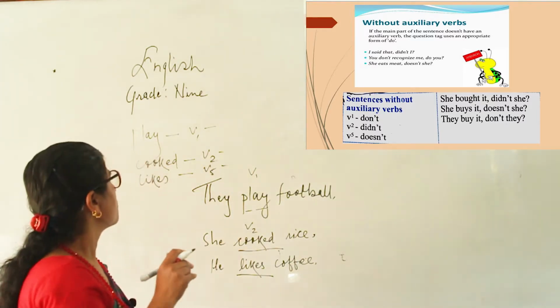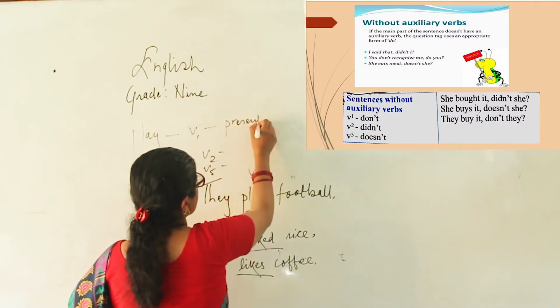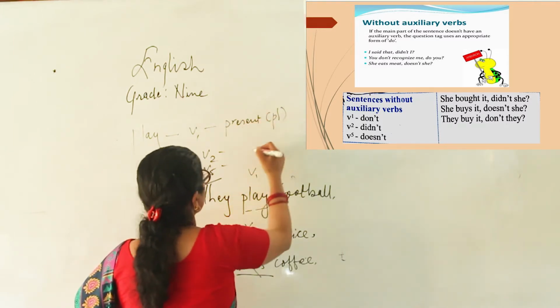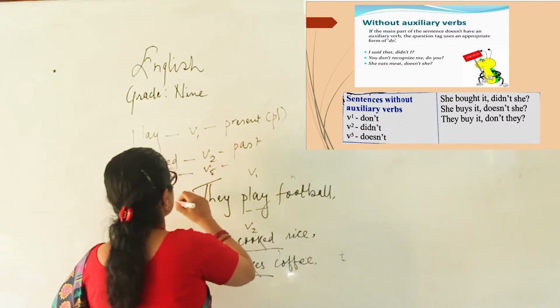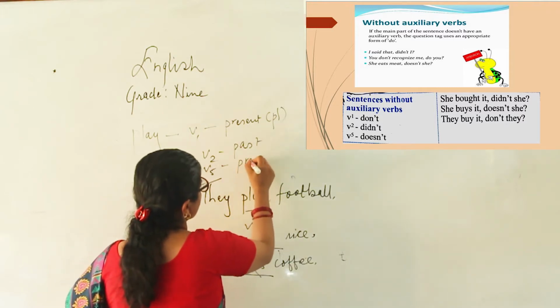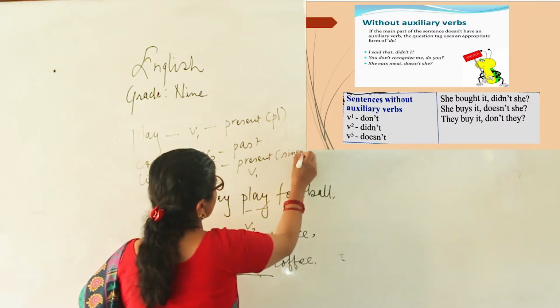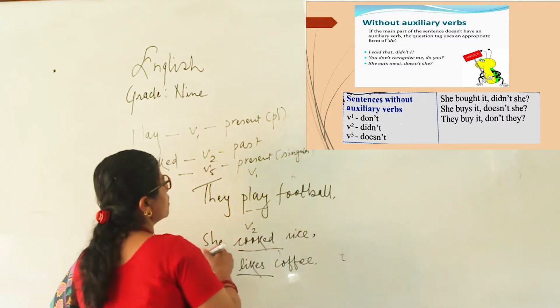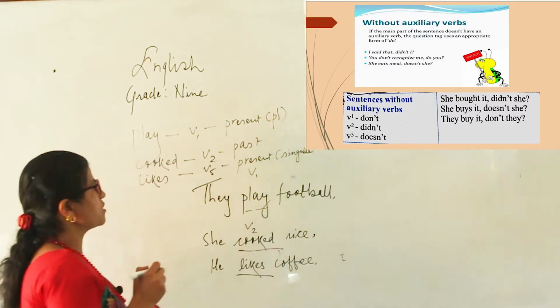That is present tense plural. B2 means past tense, and likes indicates present tense but the singular form of verb. Like this we can see the verbs in different forms.